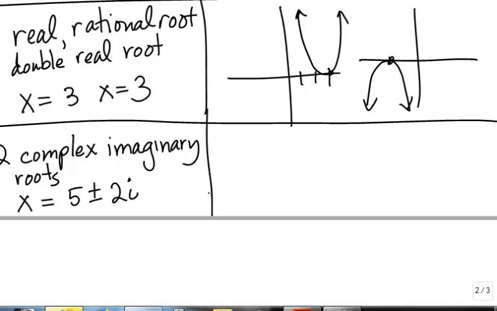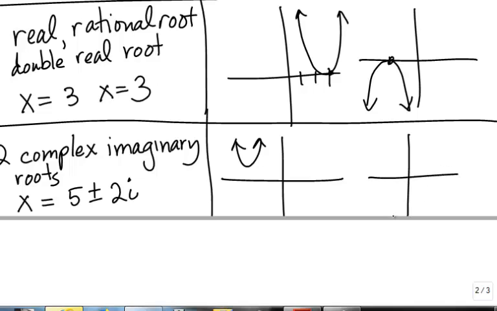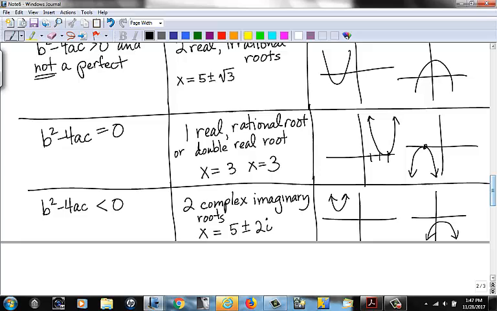If you get imaginary roots, your graph is not going to cross the x-axis. It does not touch the x-axis. So you can tell what your answer should be just by looking at the b squared minus 4ac. Notice the radical is not over it. Okay, so let's look at one.